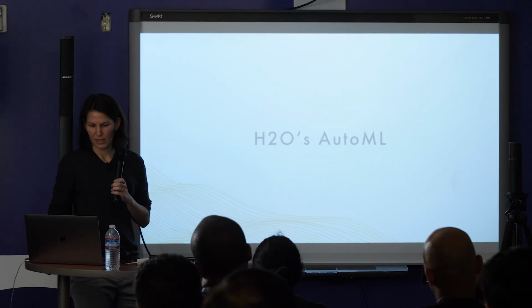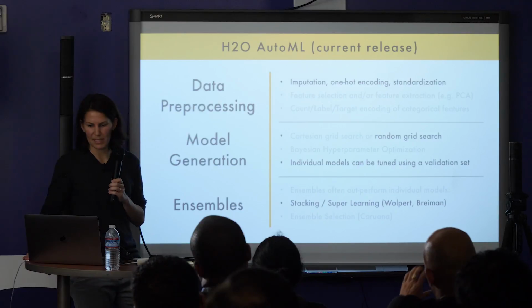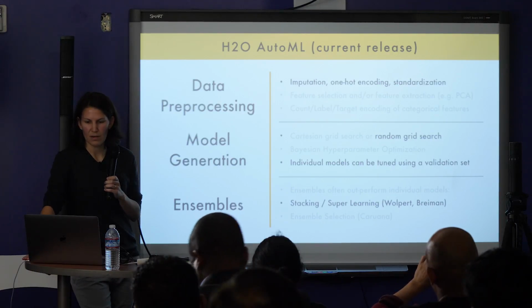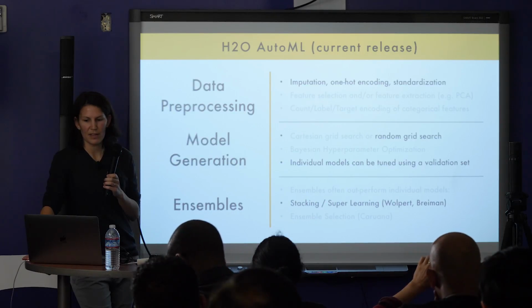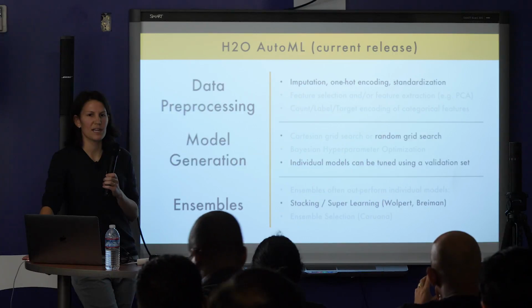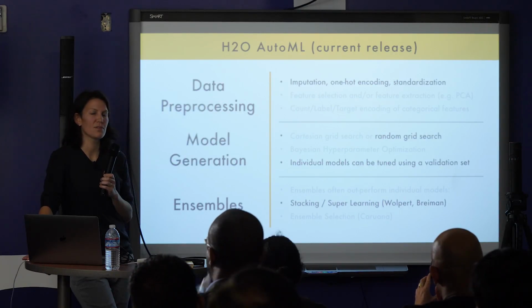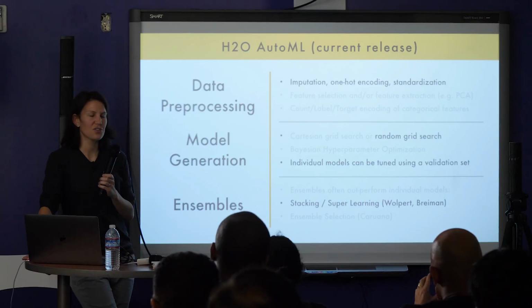Okay, so let me show you that same slide, but let me highlight some of the stuff that we do in H2O AutoML as of right now. For free, you get all the imputation, one-hot encoding, and standardization. All that stuff is already included in the H2O models, so I didn't have to do any extra coding to get that.